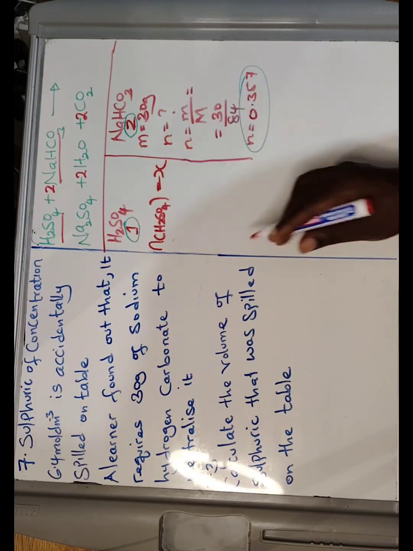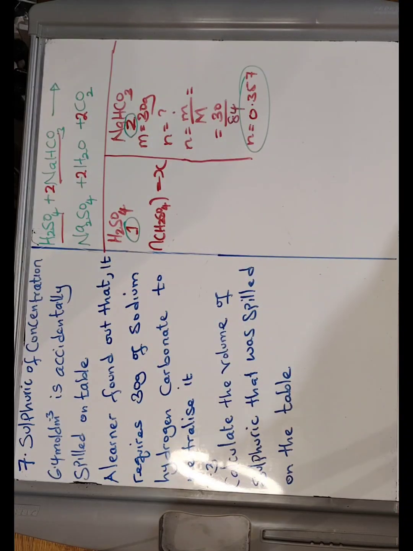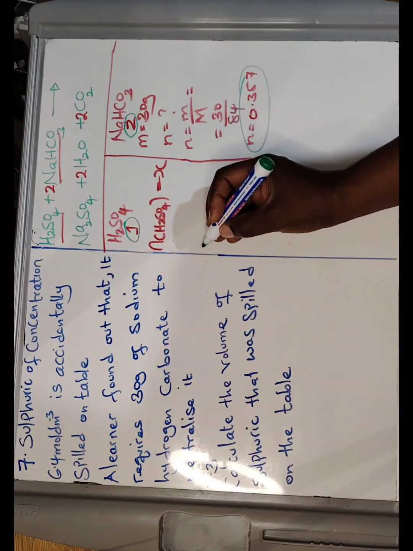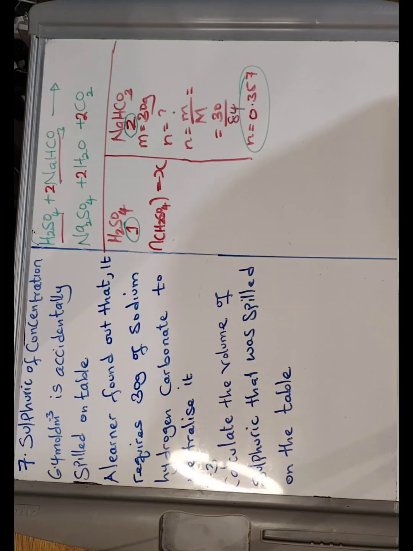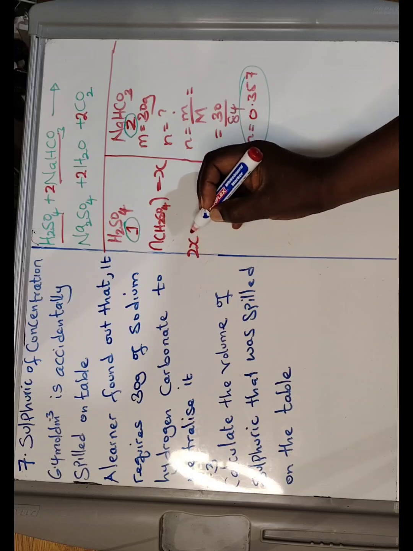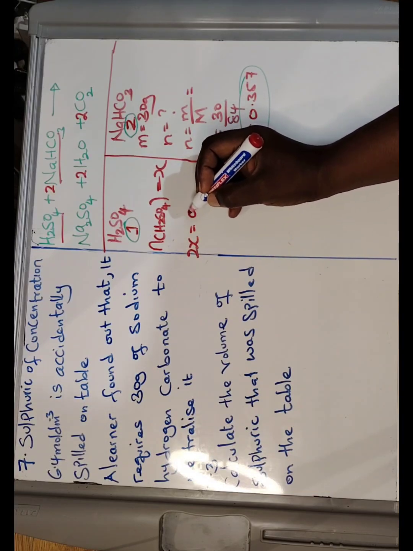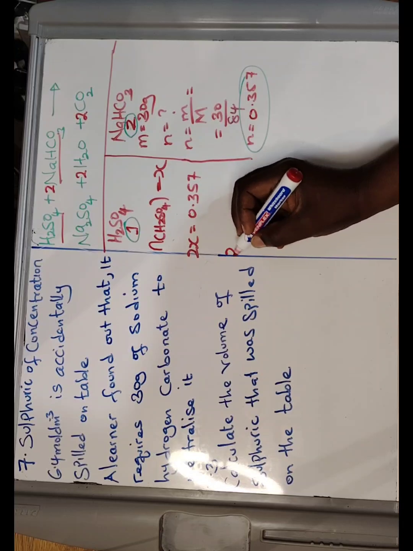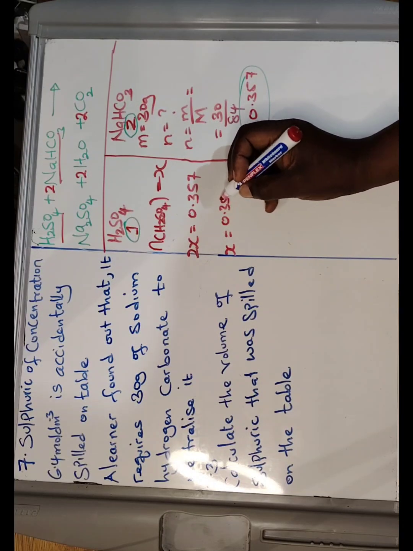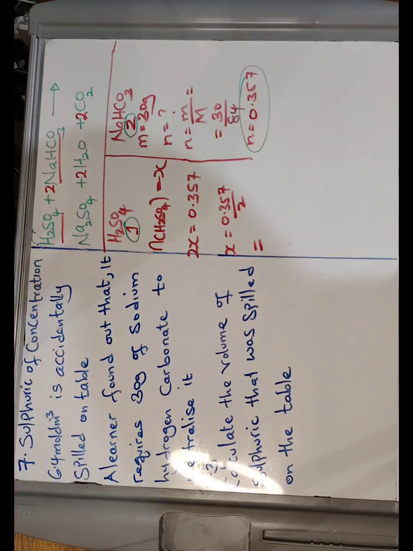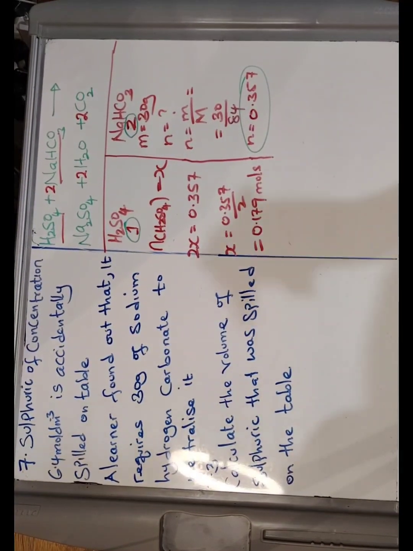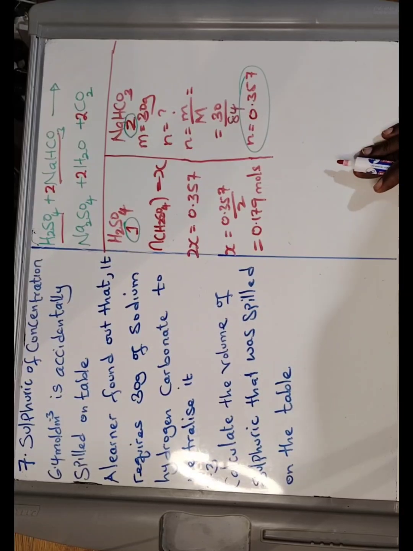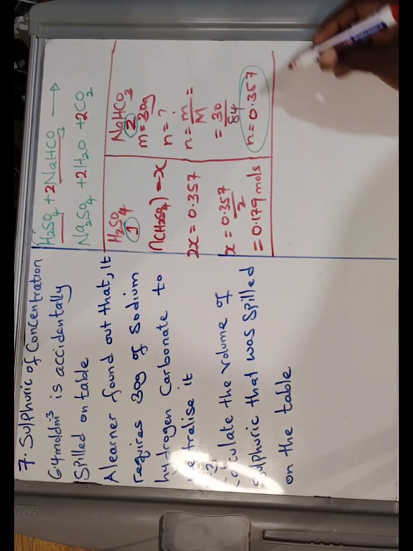We can call it X, and these are directly proportional ratios, so we can get them through cross multiplication. 2x is equal to 0.357, so x is equal to 0.357 divided by 2. So we get the number of moles of sulfuric acid which were neutralized as 0.179 moles.